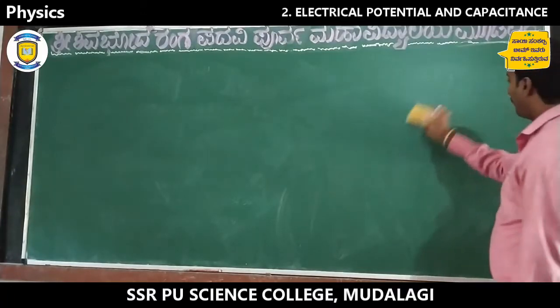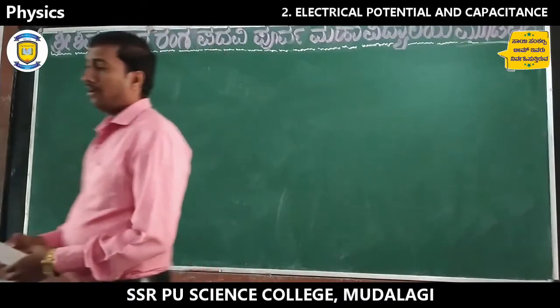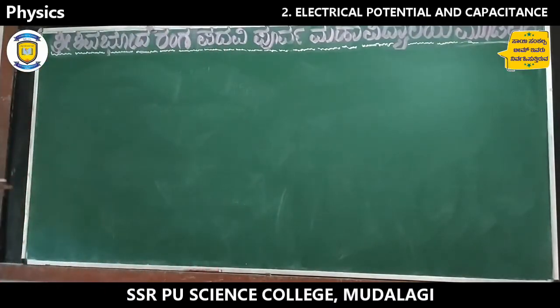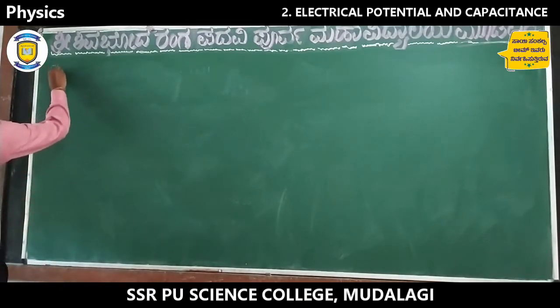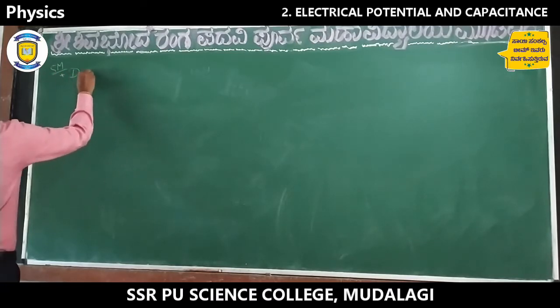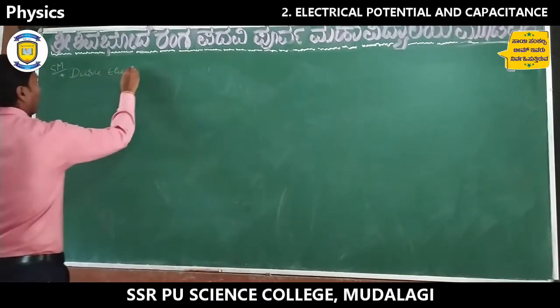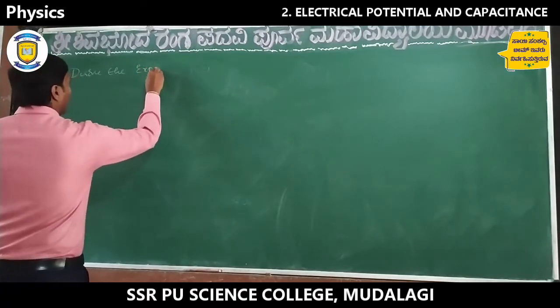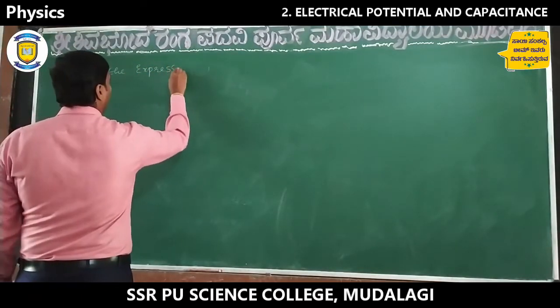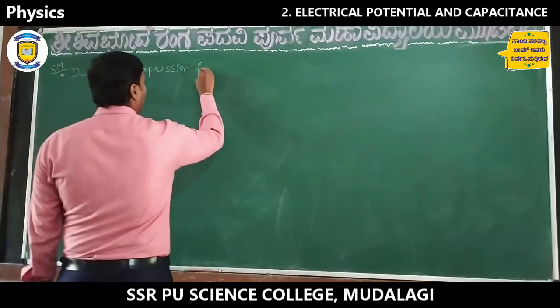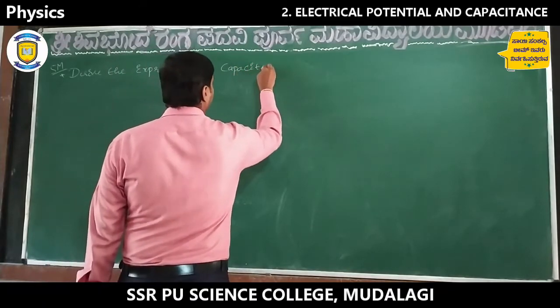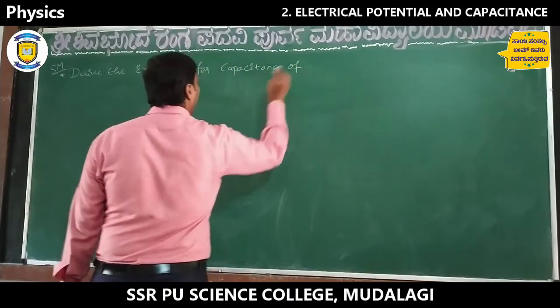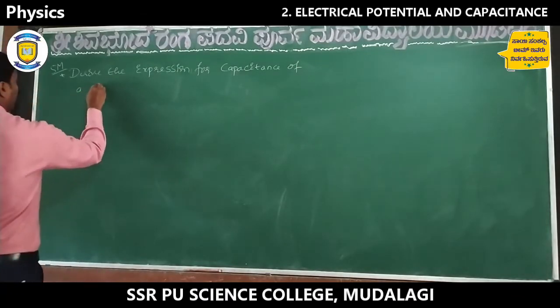What is the charge? What is Coulomb's law? What are the charge properties? These are studied in the first chapter, right? So we'll derive the 5 marks important derivation. Derive the expression for capacitance of a parallel plate capacitor.